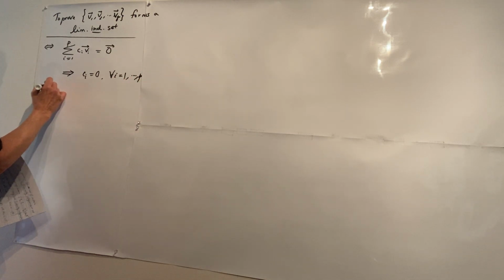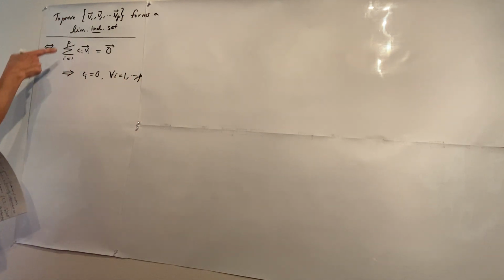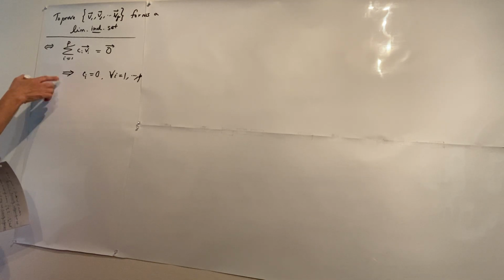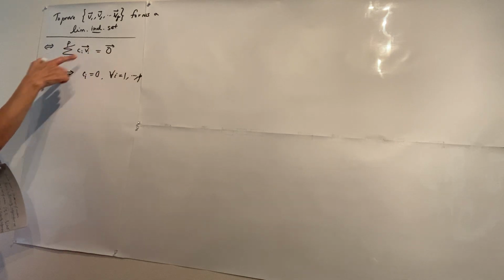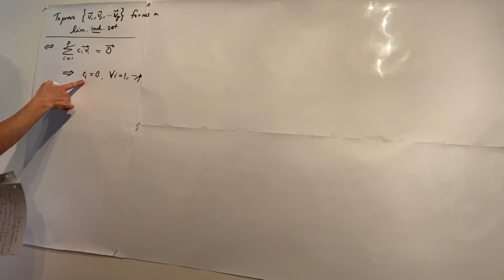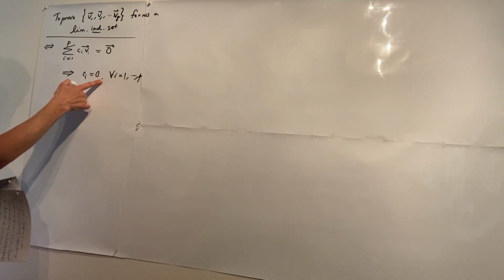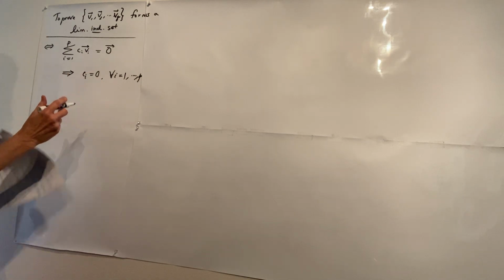Okay, that's equivalent to saying that they are linearly independent, right? That any linear combination equals a 0 vector forces all the coefficients to be equal to 0 scalars, right?